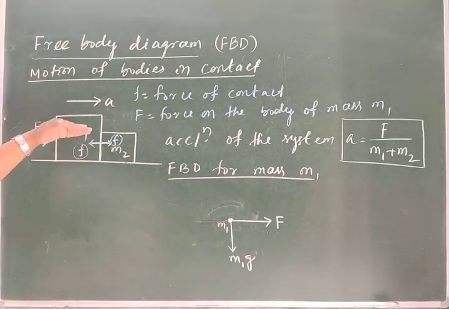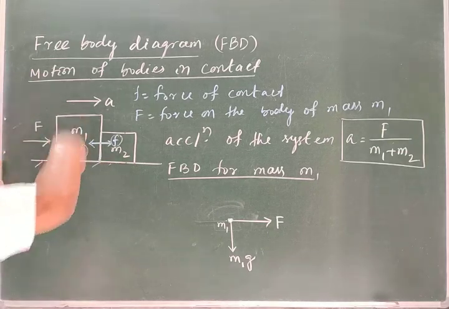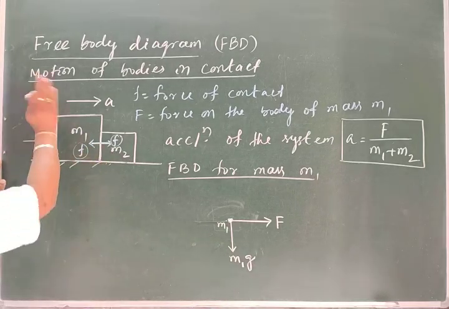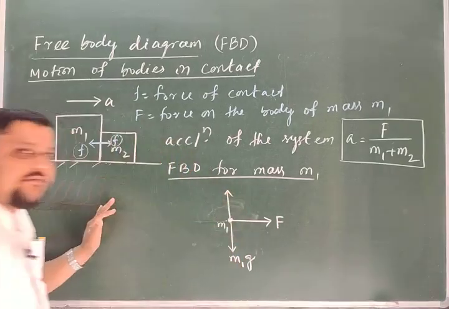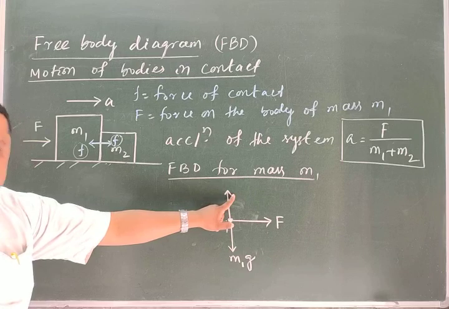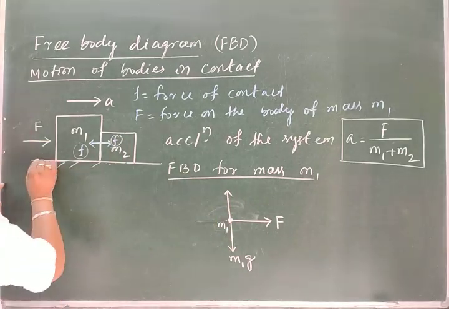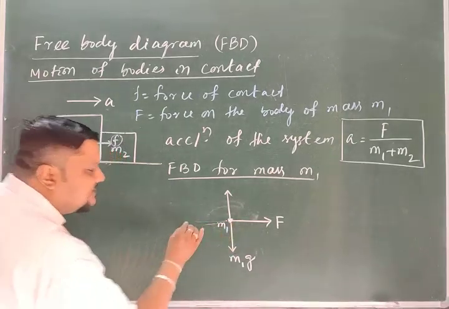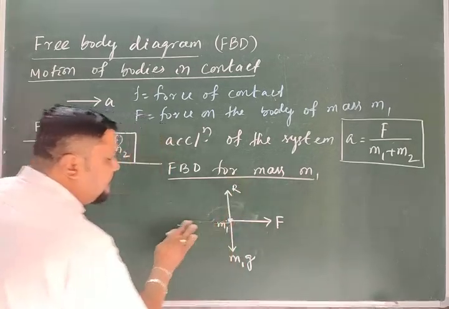And if this is the horizontal surface, m1 applies the weight m1g on the surface, so it has a reaction. That reaction is called the normal reaction R, which should be normal to the contact surface.